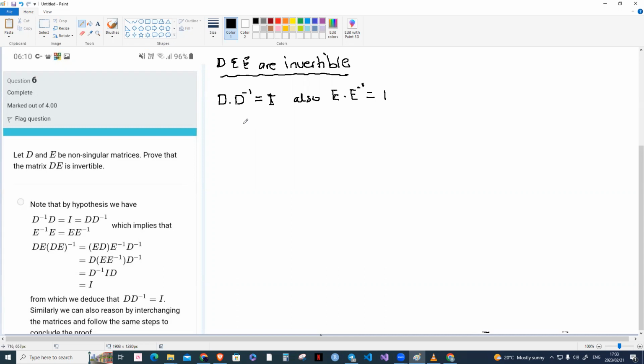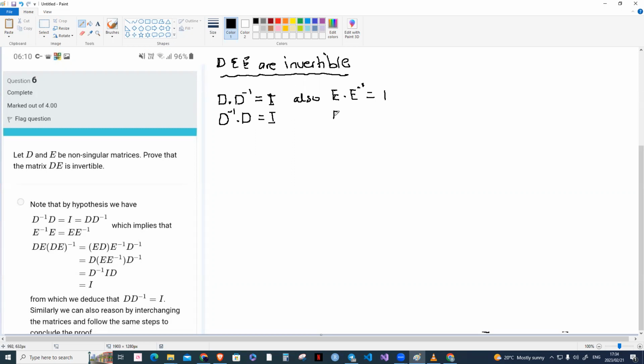And like I told you, matrices generally are not commutative, but inverses are commutative, because if I take this and I multiply it by this, I still get an I. So they are commutative.